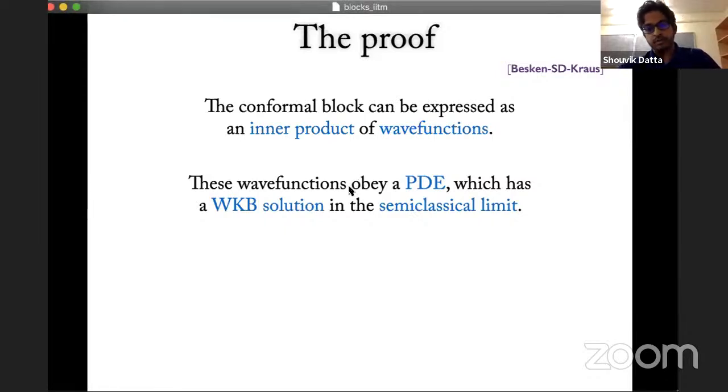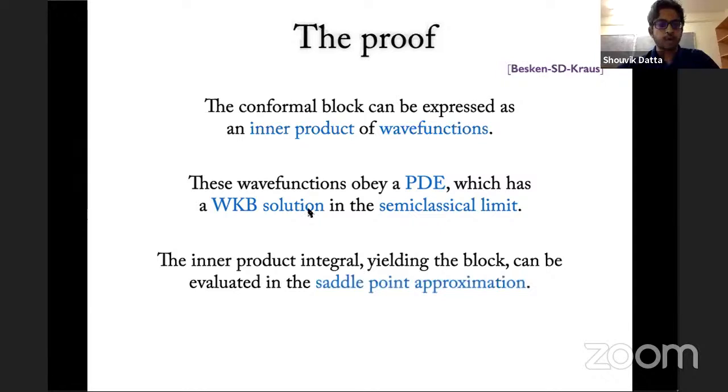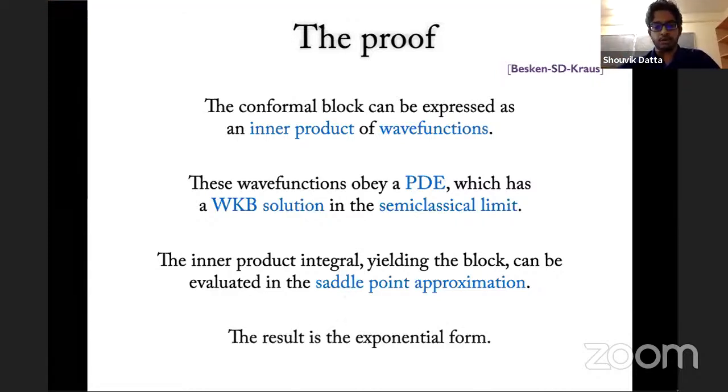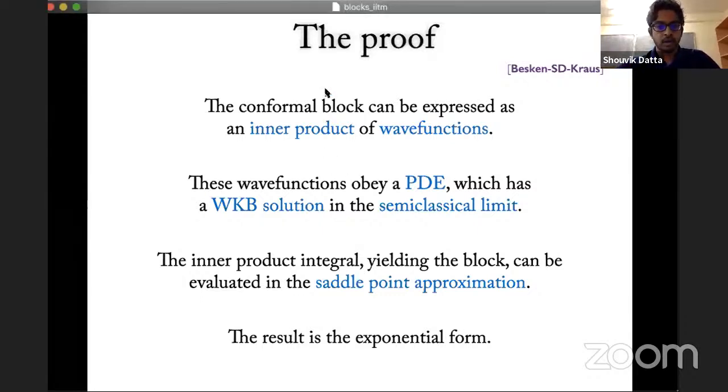And this partial differential equation obeys a WKB-like solution in the semi-classical regime. And once you have these WKB wave functions, you can evaluate this inner product integral in order to obtain the conformal block. And you can evaluate this integral by doing a saddle point approximation. And once you do that, you can see the block exponentiates. Okay, so that's the outline of how the proof works.